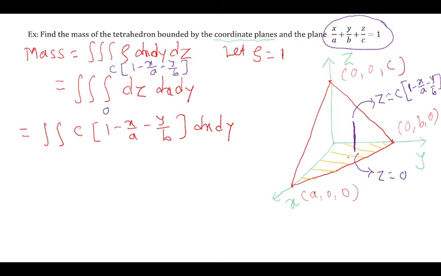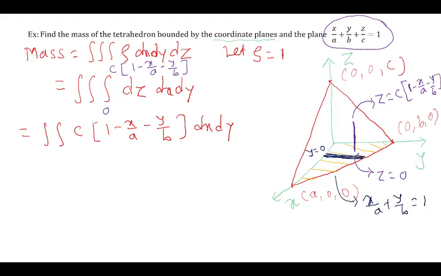c is a constant, that's not a problem, but we have to get the strip now. So let me take a strip in the xy plane parallel to the y-axis. So here is my strip, parallel to the y-axis. The lower end touches y equal to 0. For the upper end, what is the equation of this straight line? It should be x upon a plus y upon b equal to 1. Why?